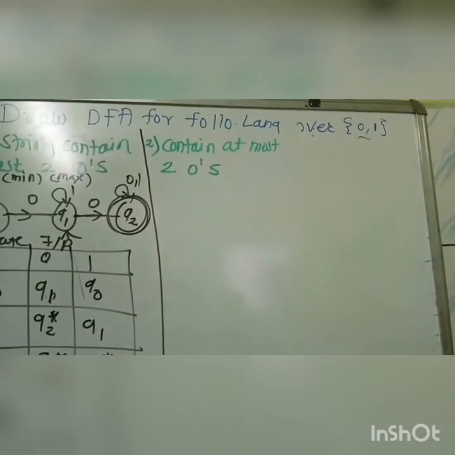Now consider the next condition: you have to design this DFA for strings that contain at most two zeros, meaning you only accept a maximum of two zeros, not more than two.